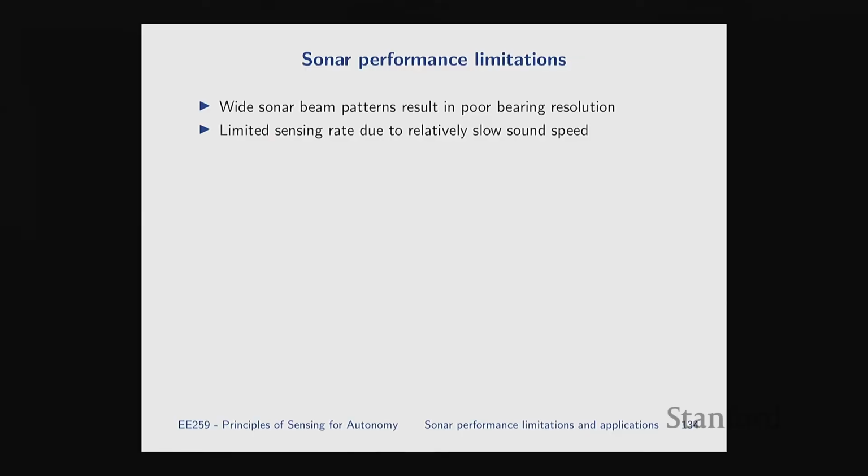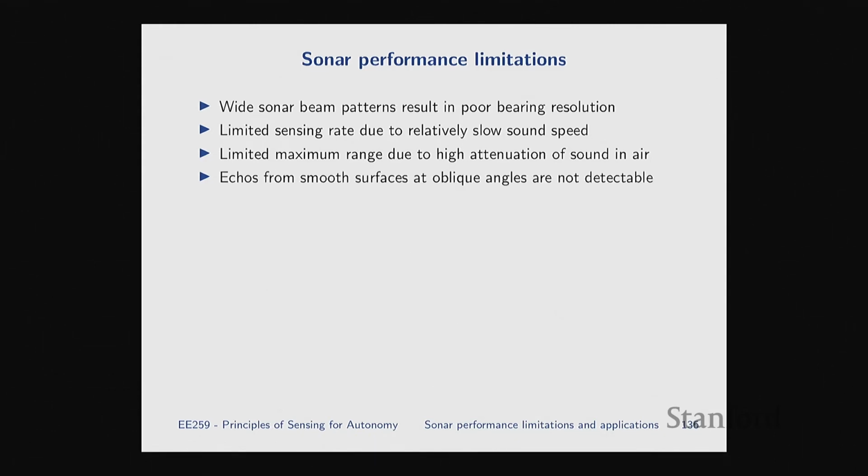Very specifically, for instance, if you have wide beam patterns, those can result in poor bearing resolution. We know that the sensing rate is not going to be very high in sonar because you're limited by the speed of sound. The range is limited because of the high attenuation of sound waves in air.